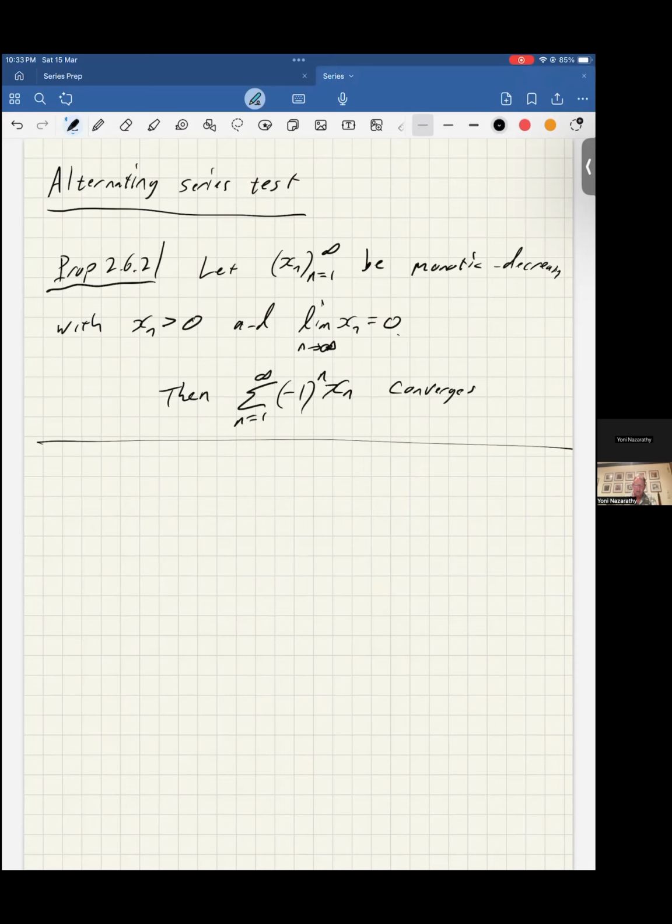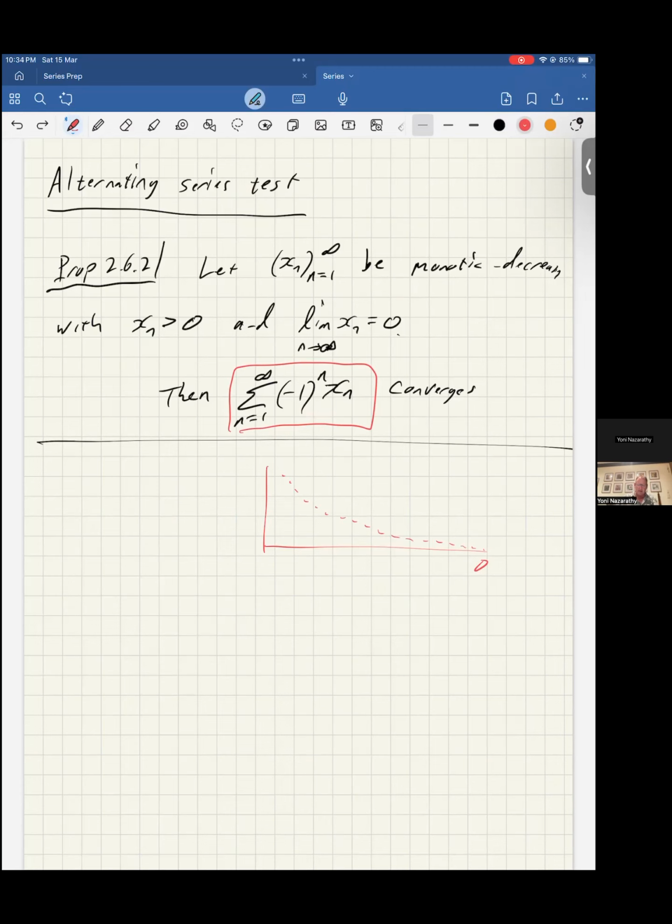So this is kind of a boilerplate series where you just need a sequence that tends to 0, monotonic decreasing but strictly positive, and your series adds a term, subtracts a term, adds a term, subtracts a term from that original sequence xn. Okay, and that series converges.